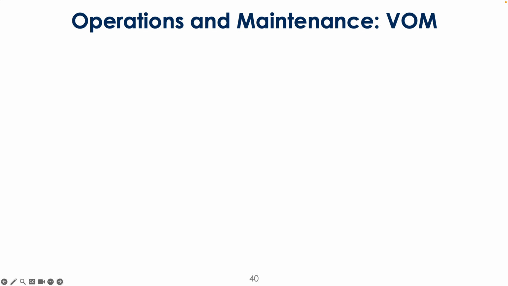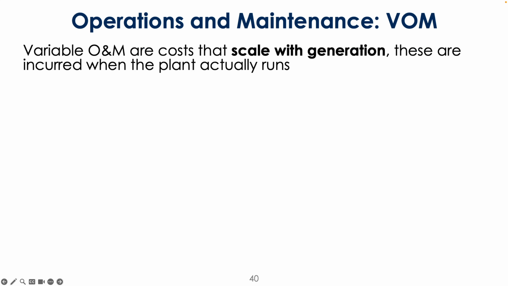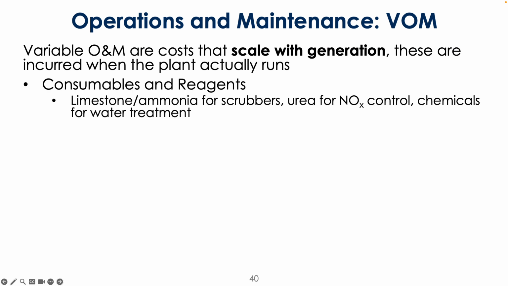Okay, operations and maintenance. There's the variable piece of it as well. These are things that often scale with generation, so these are costs that get incurred when you're actually running the plant. So consumables, which don't include the actual fuel that you are combusting.